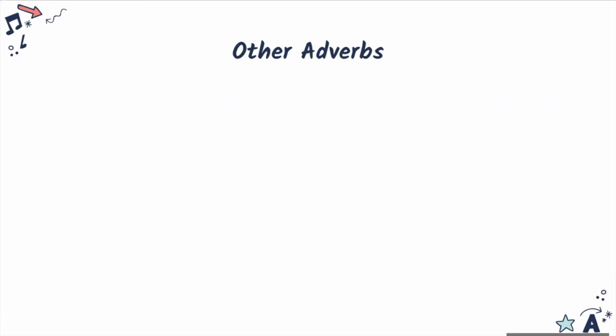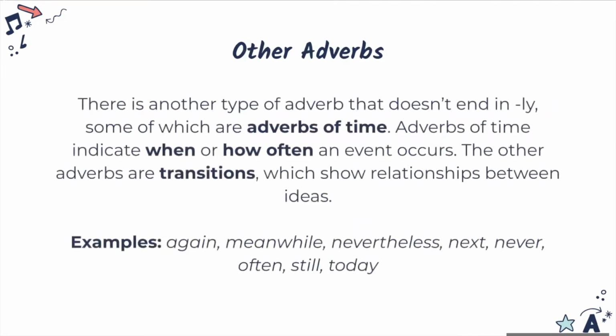What we did not cover last time was that there are actually other adverbs, and those indicate time. Like this slide says, it indicates when or how many times an event has occurred. As a result, these often act like transitions, just to show how different ideas and different clauses are connected.